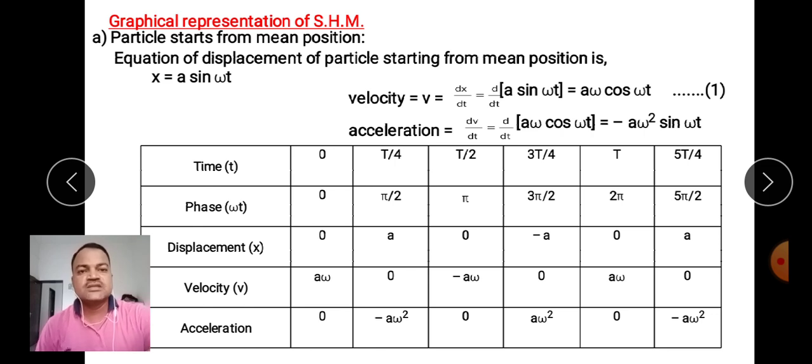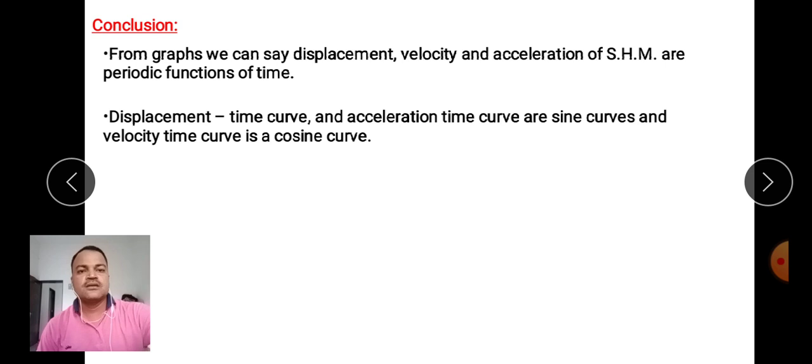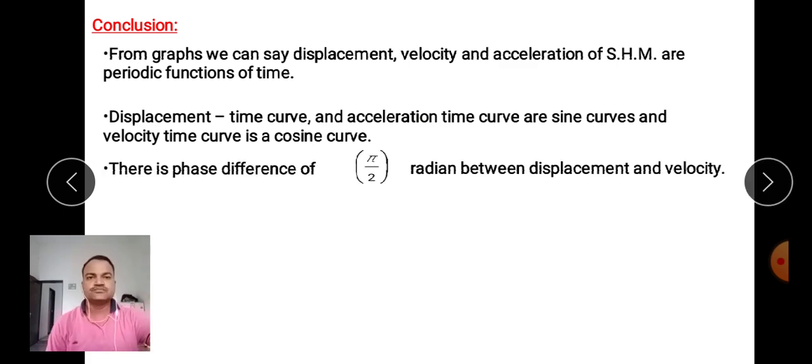So therefore we can say that the displacement time curve and acceleration time curve are sine curves and the velocity time curve is a cosine curve.